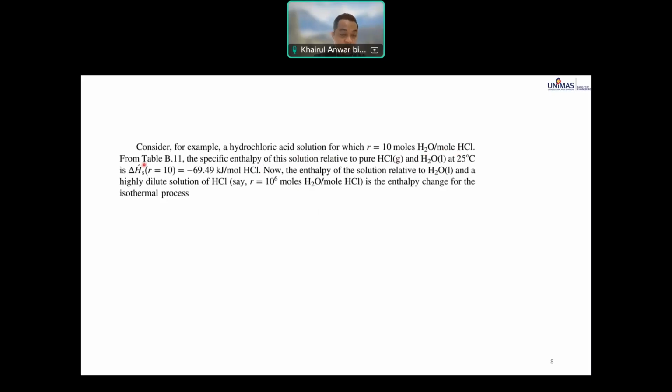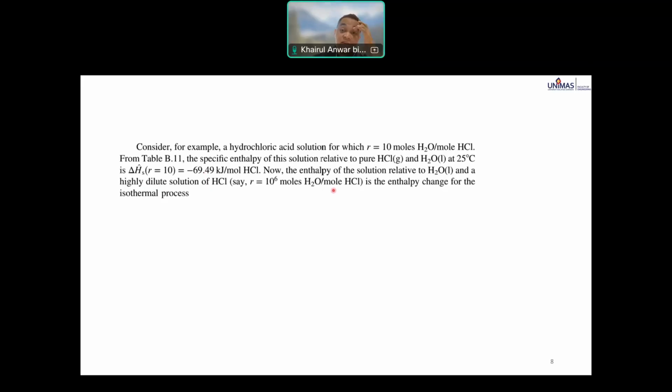From Table B.11, the specific enthalpy of this solution relative to pure hydrochloric acid and liquid H2O at 25 degrees C is delta Hs for r equal to 10, where r is moles H2O per mole solute, which is -69.49. Refer to the second column.